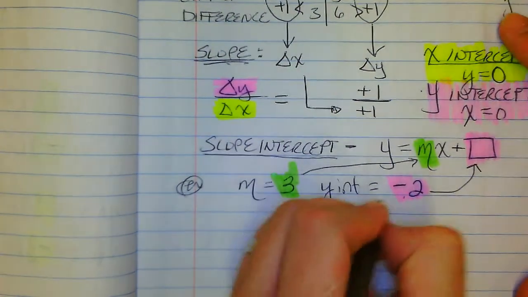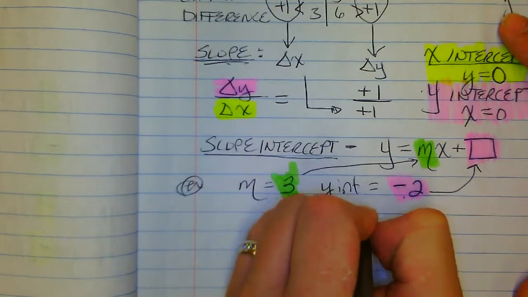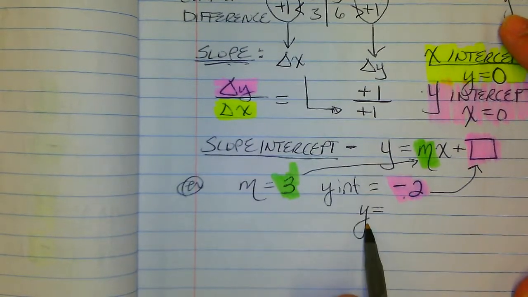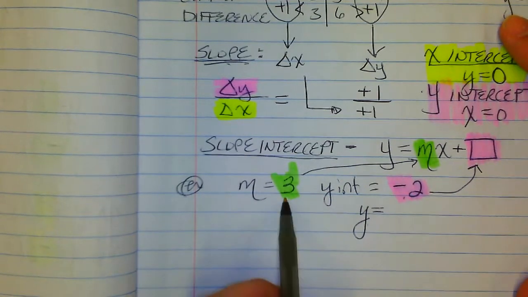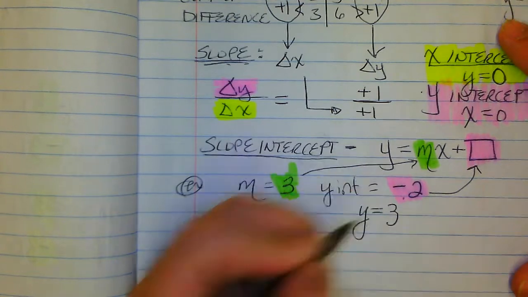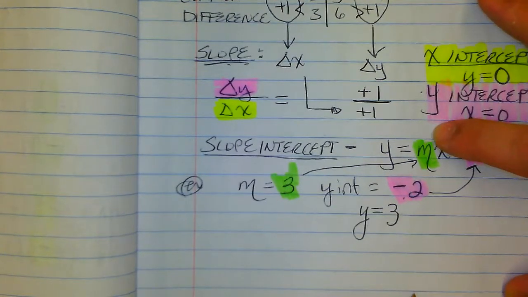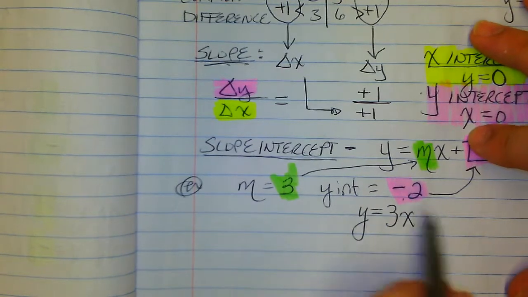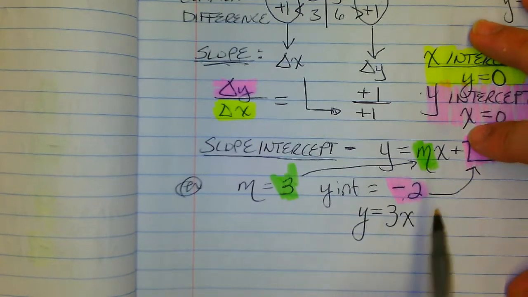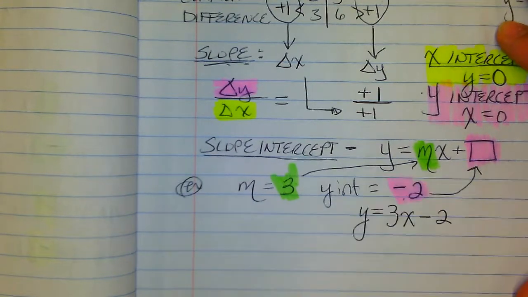We're going to first start off with y equals. Y luego m igual 3. So pone 3 aquí. Y x. Muy bien, Alan. Muy bien.